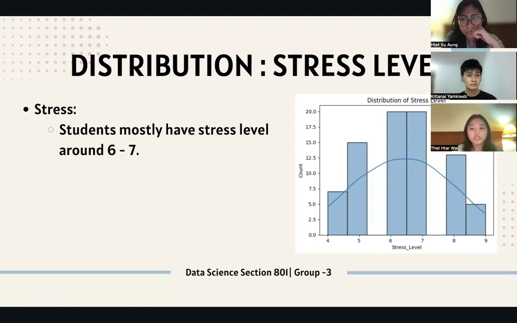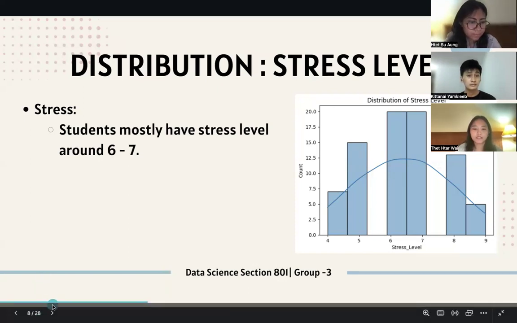The x-axis shows the stress level of each student, and the y-axis the number of students at each stress level. In this graph, most of the students have a stress level around 6 and 7.